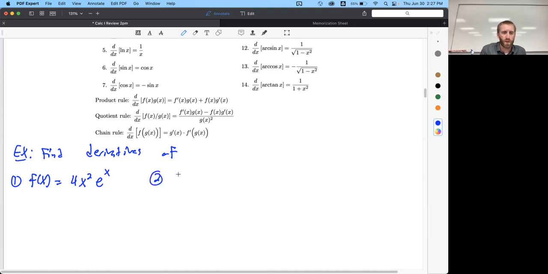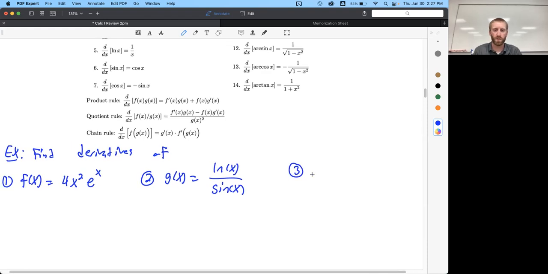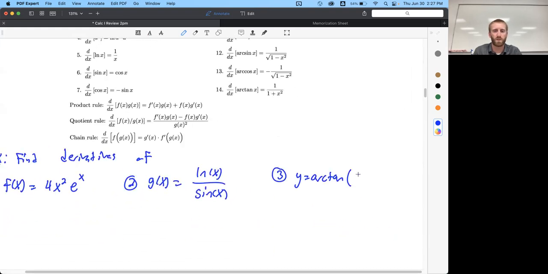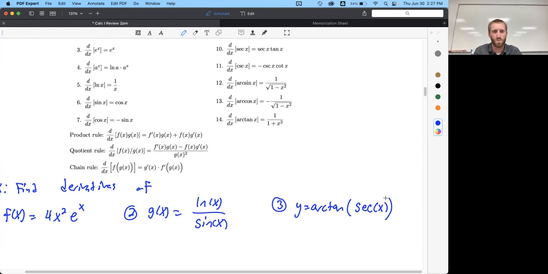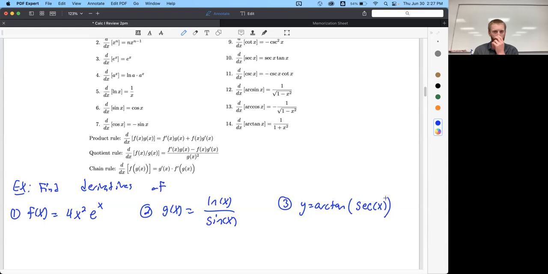Number 2, let's say that g of x is equal to the natural log of x over sine x. And then number 3, let's say y is equal to the arctangent of secant of x. Actually, let's make it more complicated. Secant of negative 2x.